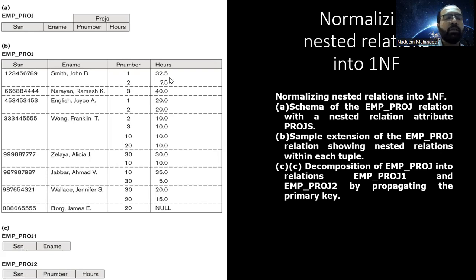The number of hours basically explains which employee works in which project. Therefore, that depends on both the attributes. So that will become the key, and the hours will be placed over here. In that manner, you observe that this relation violates first normal form, and you have actually converted it into 2 relations, or decomposed it into 2 relations.